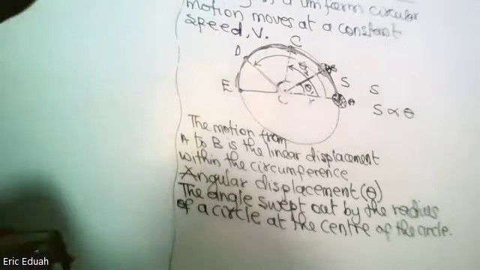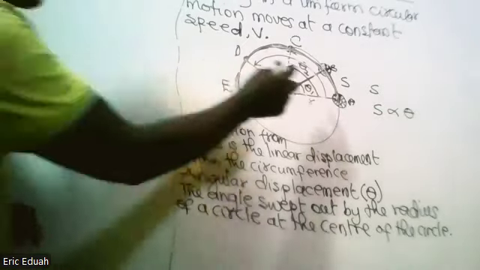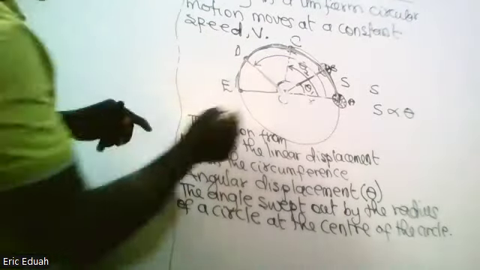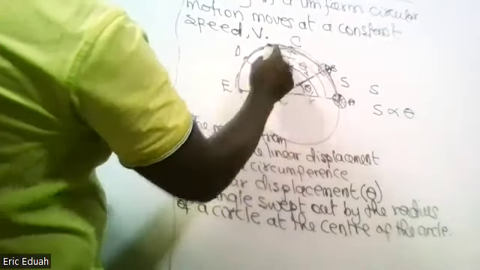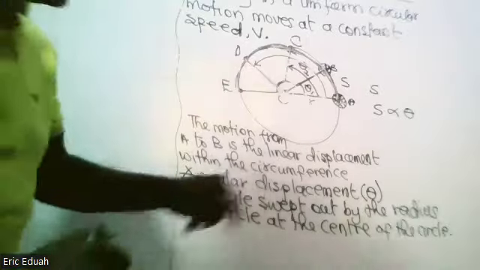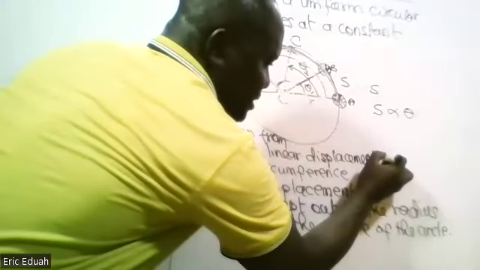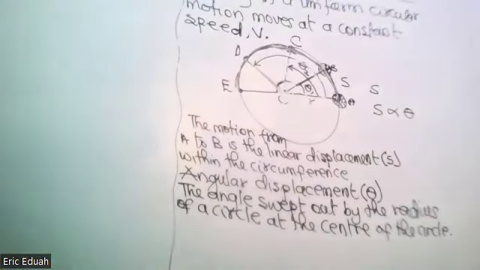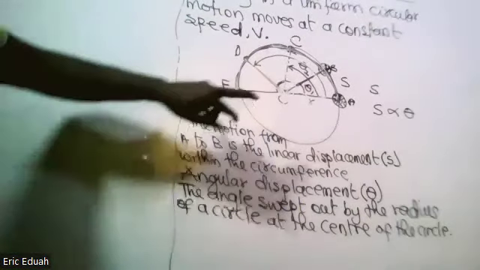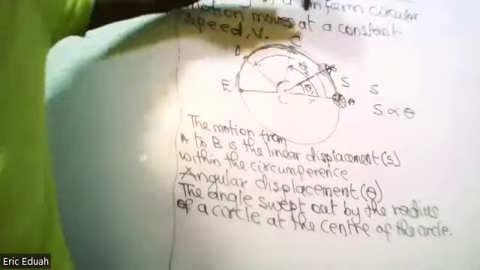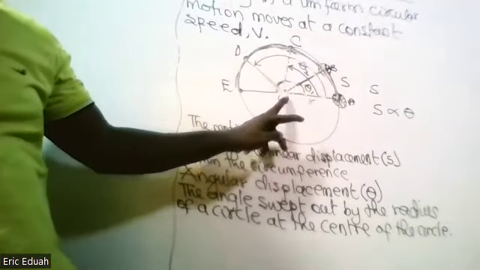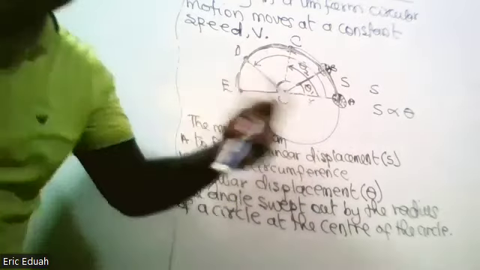The distance covered by the body within the circle from A to B, B to C, that is known as the linear displacement, represented by the symbol S, small letter s. So we realize that as the linear displacement within the circumference increases, the angular displacement at the center also increases.